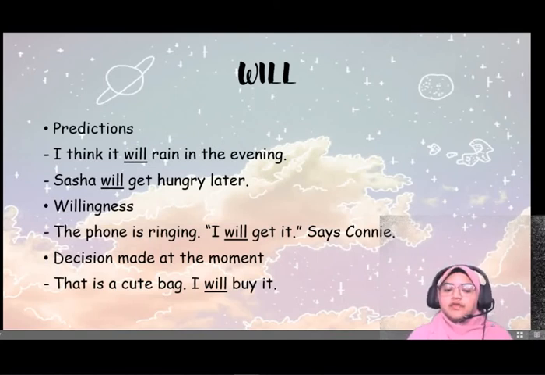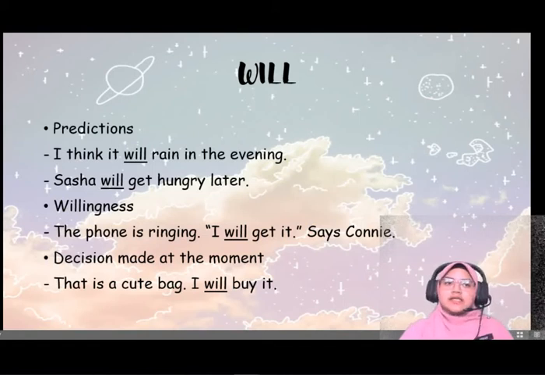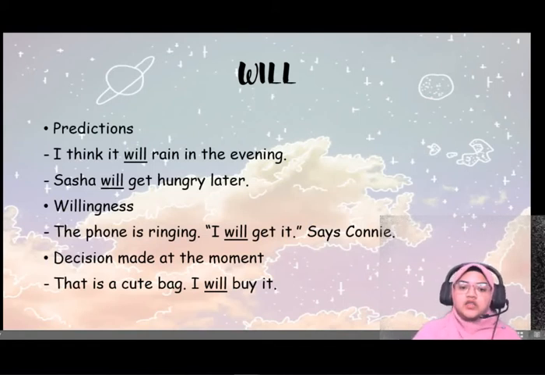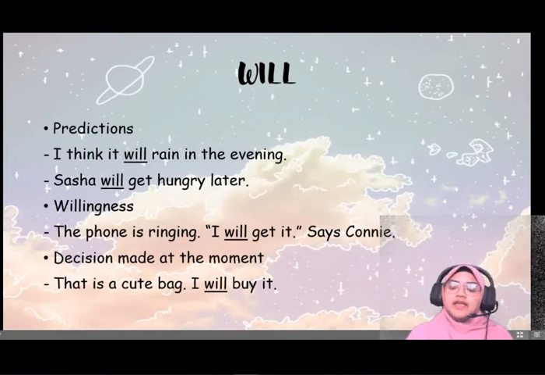Imagine you are at a mall, walking around, looking for something to buy, and then you see a cute bag, or nice looking shoes, or a very cool looking t-shirt, and then you say, oh, that is a cute bag, I will buy it. So at that moment, you made the decision to buy it.